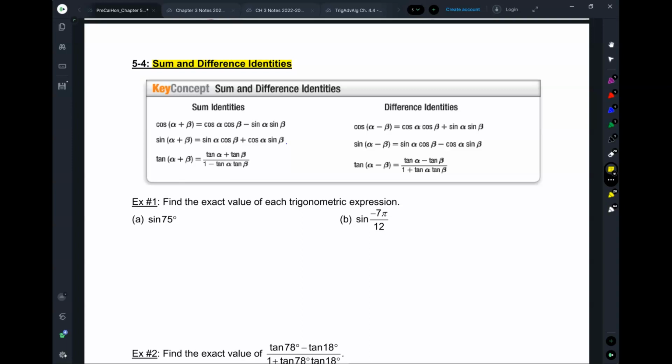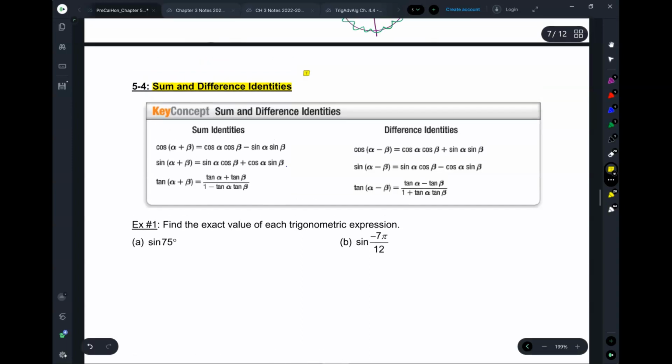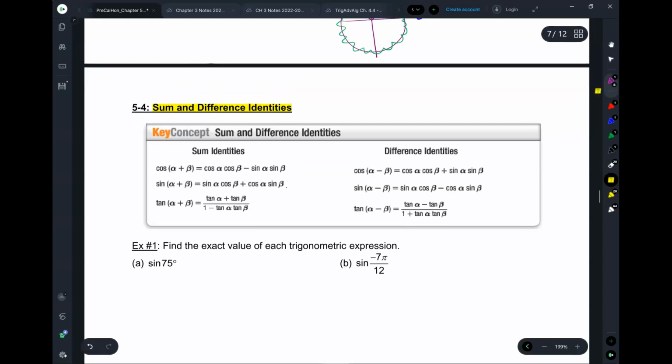With the two angles. Now, if you write these, you see how in this box cosine is first and then sine? If you write them with sine first, so sine A plus B. So look, you have A and B. The book uses alpha and beta, which are the Greek equivalents.